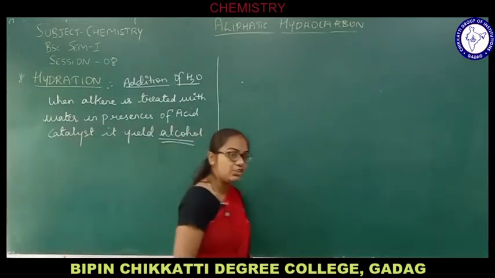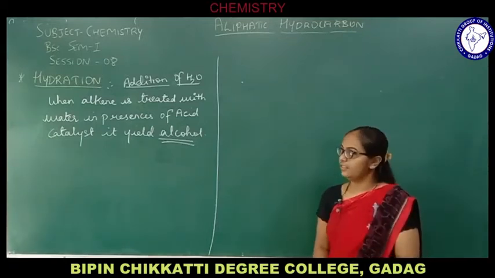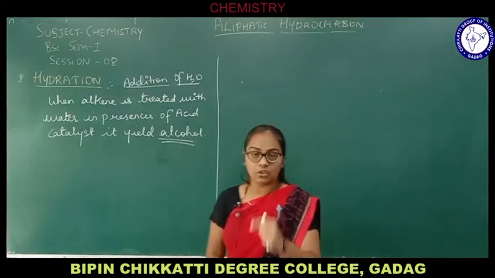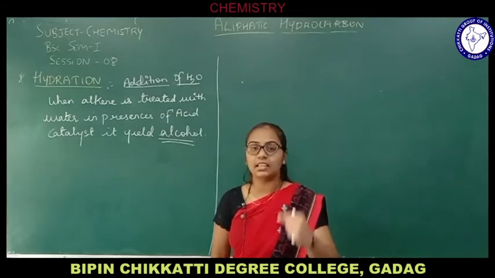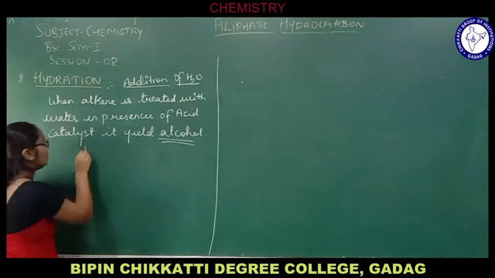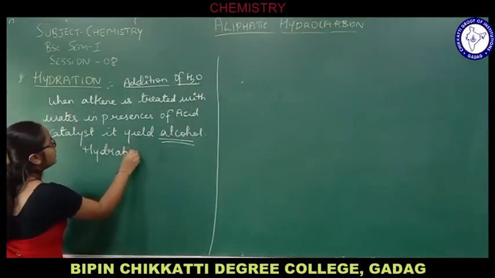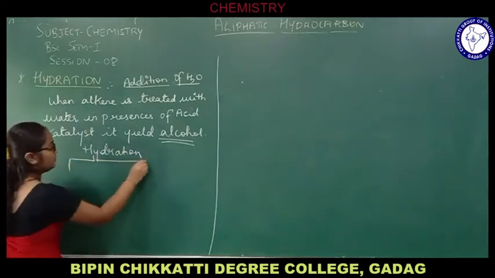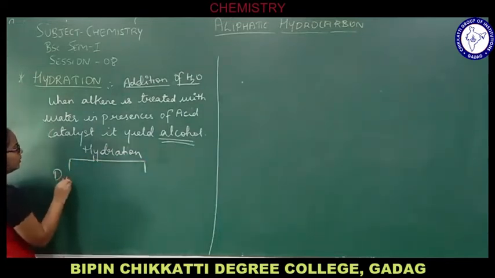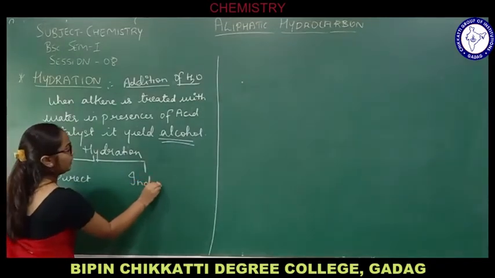So this hydration process is broadly classified into two categories, right? This addition of water to the alkene takes place in two ways. The first way is the direct way, and the second way is the indirect way.